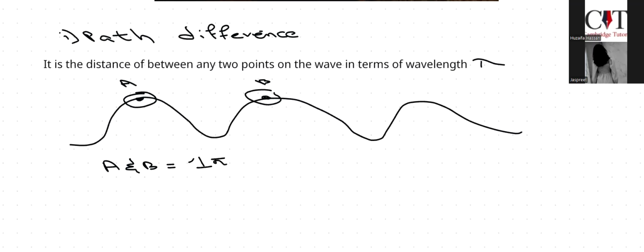Okay, now take this point C. Tell me the distance between A and C. So it will be half lambda, because it is half a wave.